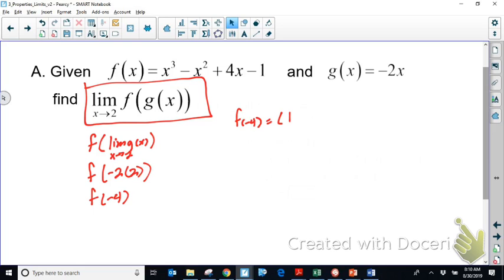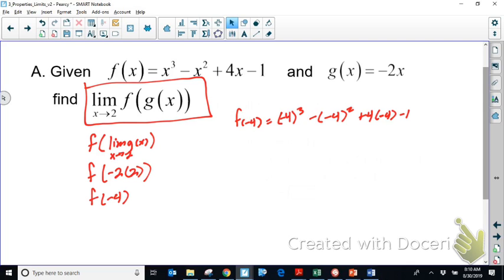So I'll get negative 4 cubed, minus, and in parentheses negative 4 squared, and then plus 4 times negative 4, and minus 1.